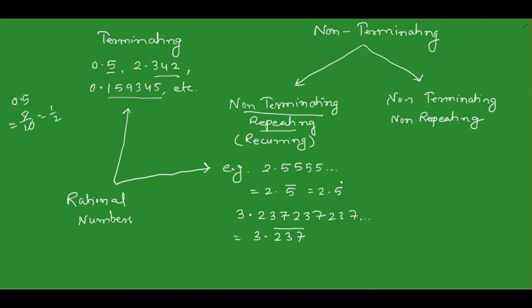It's a rational number. 2.342 can be written as 2342 upon 1000. So this is also represented in the form of p by q. Definitely we can simplify it further, but you will get a form of p by q where p and q both are integers and the denominator is not 0, so it is a rational number. The repeating numbers can also be represented in the form of p by q.